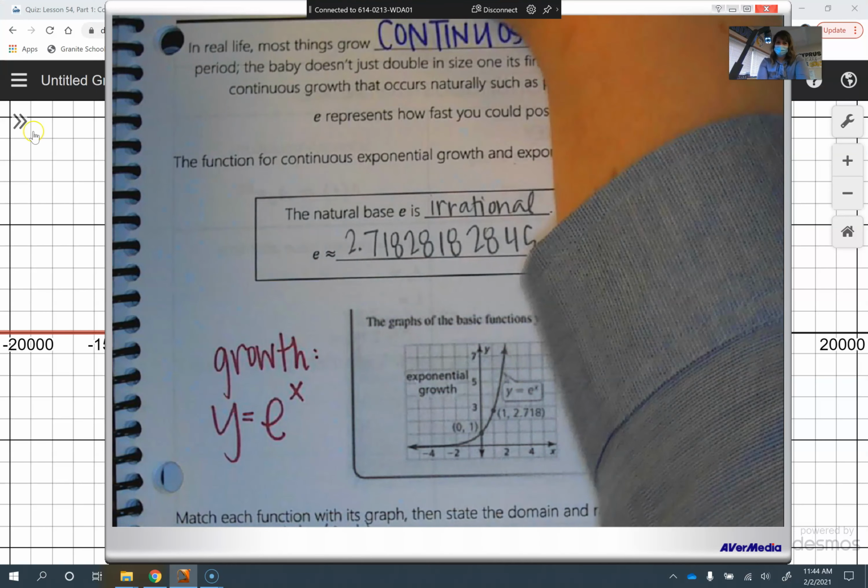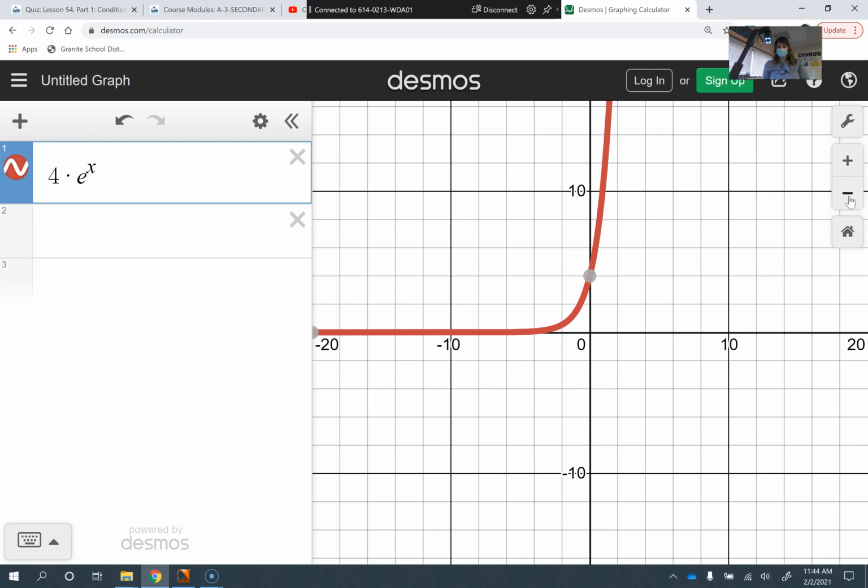Y equals 4 times e to the x. Okay, so that one looks like this. So he matches B. Is that true? Yes, no? Yes. Okay, so let's write that down. And he is going through 0, 4. Okay.